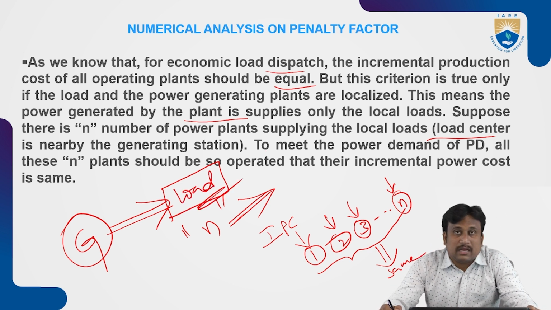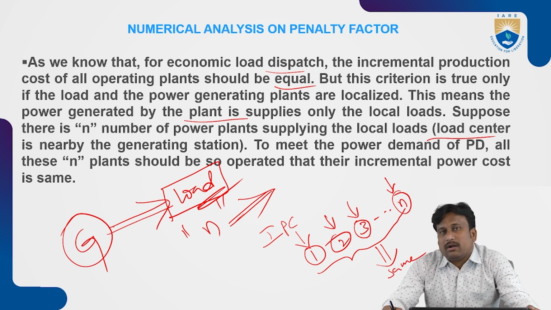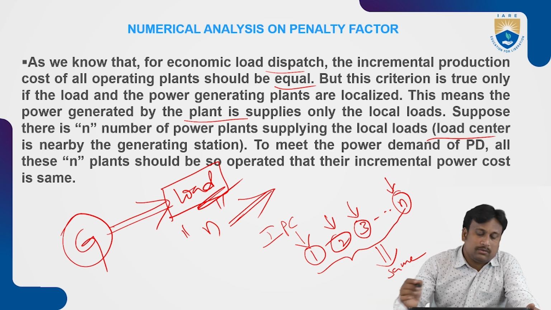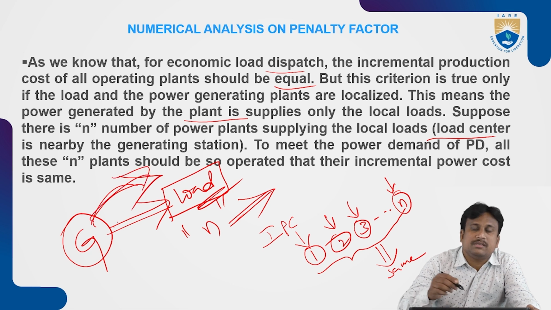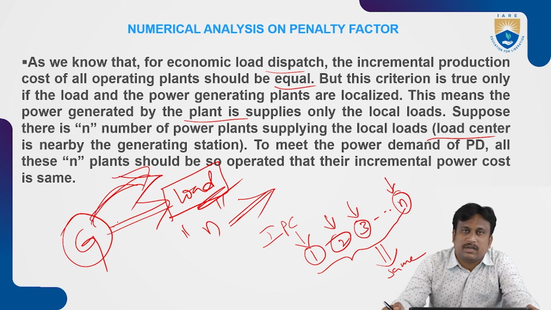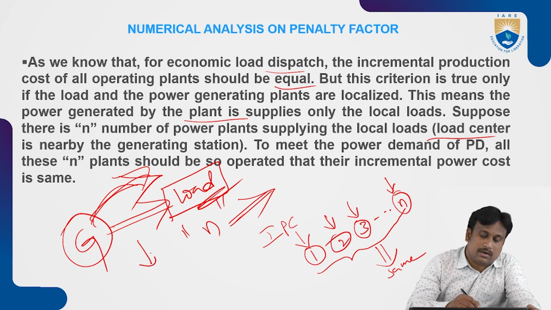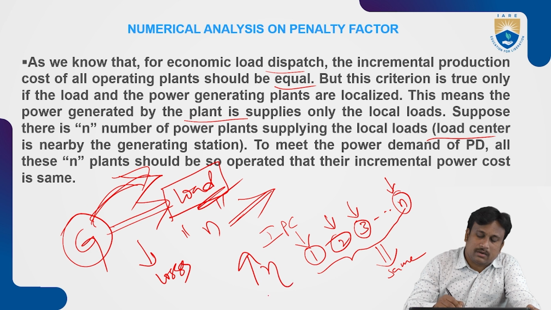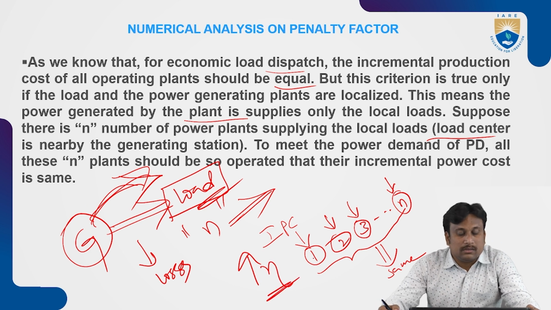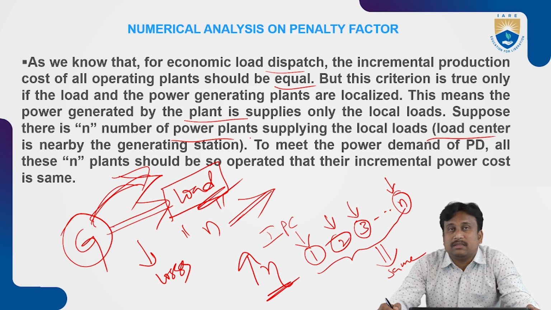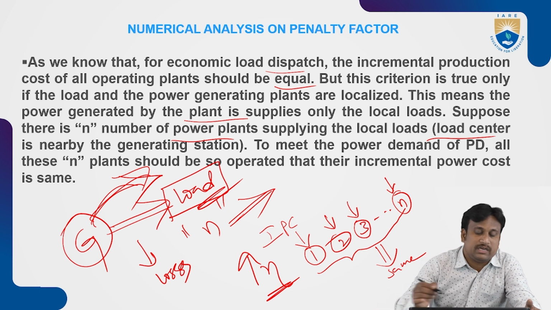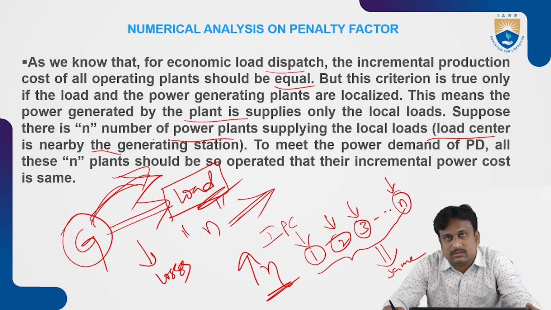Because the transmission line losses may get reduced, so the efficiency of the system may increase. While transmitting to the nearest load, the losses may get reduced and the efficiency of the line may increase. So here n number of power plants supply local loads, meaning the load center is nearer to the generating station.